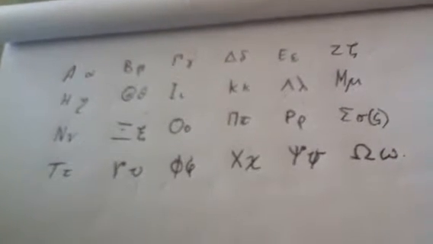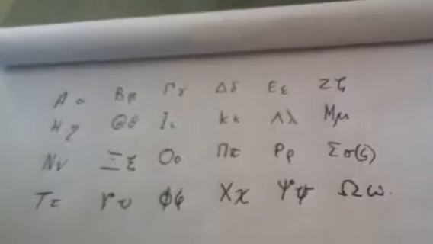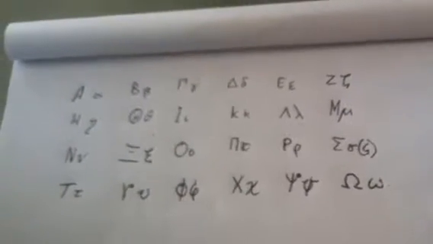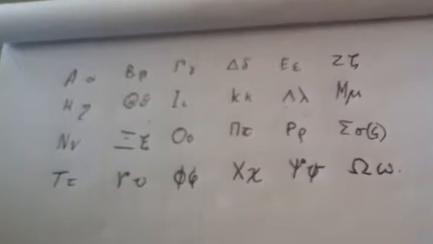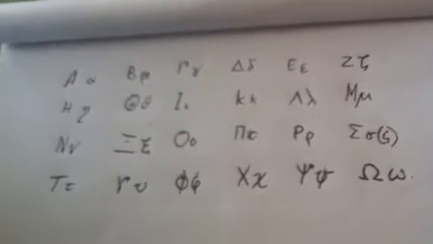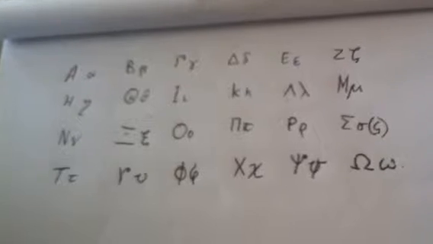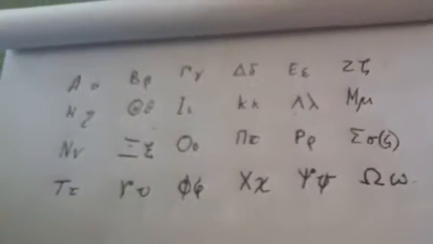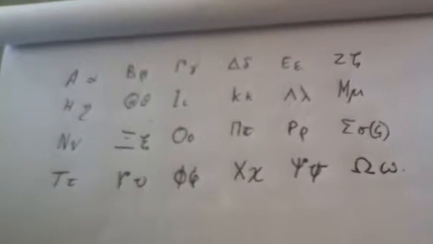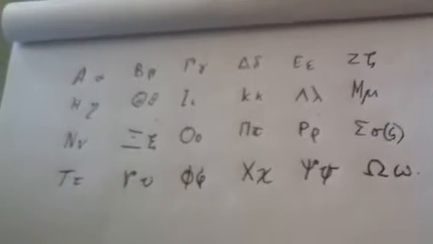Let me give you a couple Greek examples. Iota is the double E sound. Miso is the I sound. And Jesus is the Y sound.